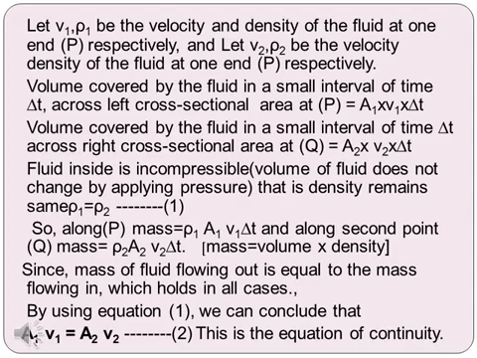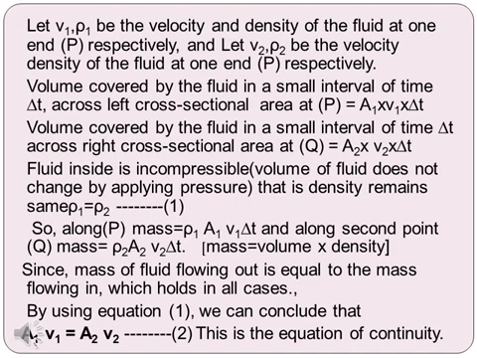From this expression, ρ1 and ρ2 are cancelled by using equation 1. So, this equation will become a1 into v1 delta t is equal to a2 into v2 delta t.